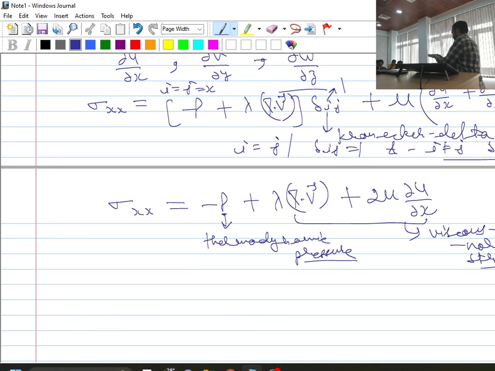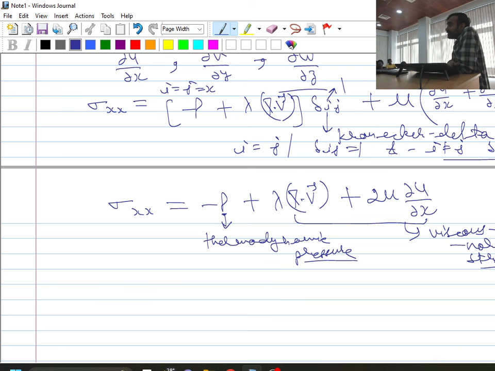Even if I am measuring the pressure at the bottom face of the element, I should not write the pressure at the bottom face plus rho g h. Why? Because rho g h comes from the weight of the fluid, and I have already accounted for that in the gravity term. That's why I am writing it as thermodynamic pressure. In thermodynamics, pressure is directly related to density and temperature. Is the point clear?